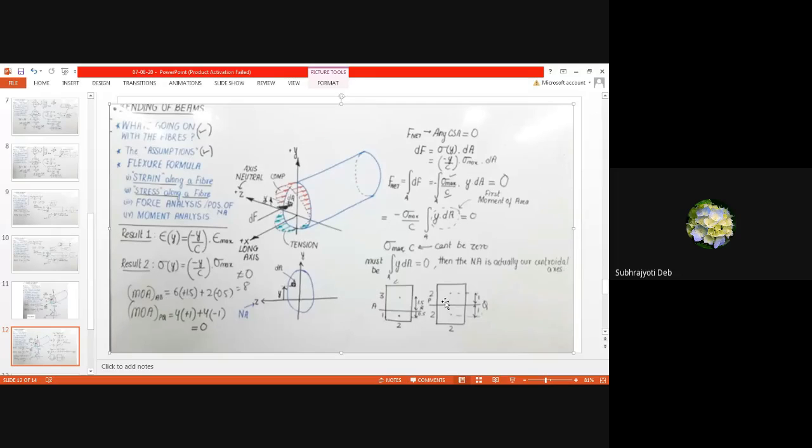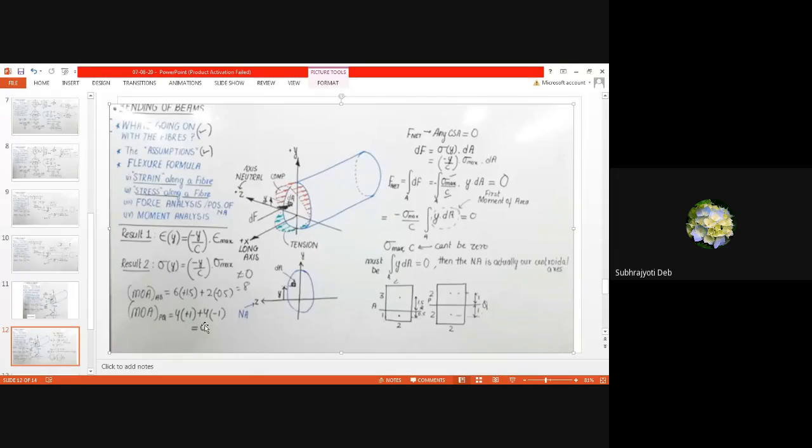This will be your area, 2 into 2 is equal to 4, times the distance, half of 2 is equal to 1, plus 2 into 2 is 4, and the distance is below, that's why it is minus 1. Now plus 4 and minus 4, ultimately this is 0.